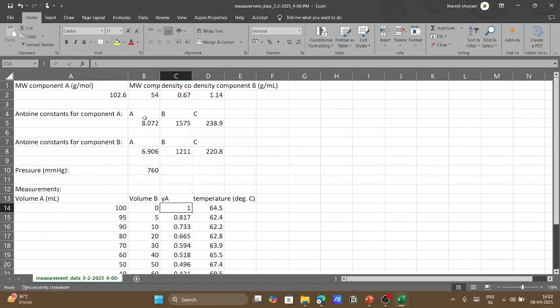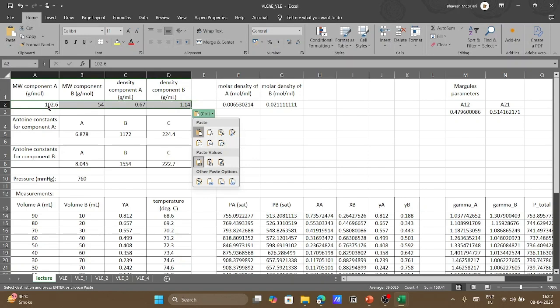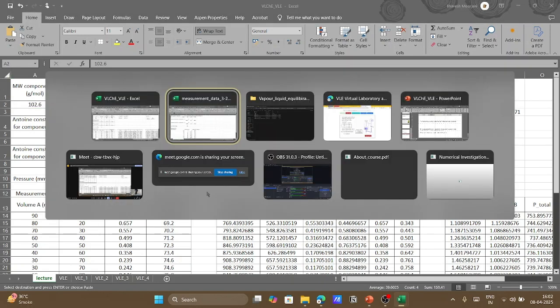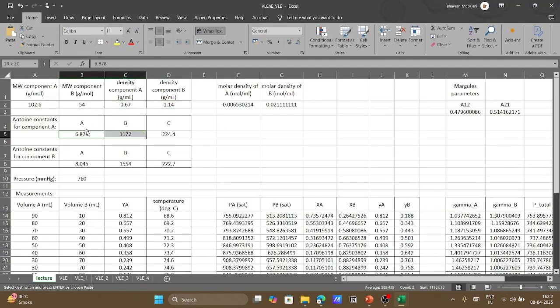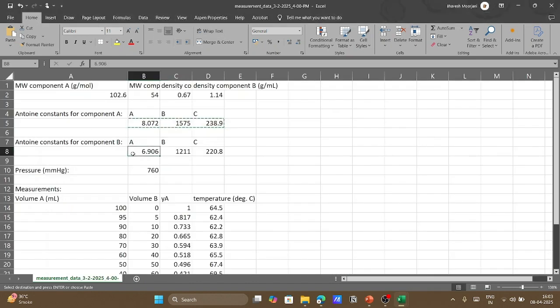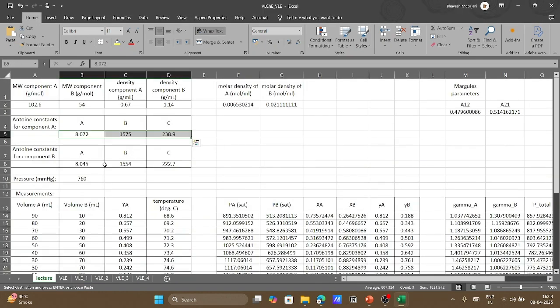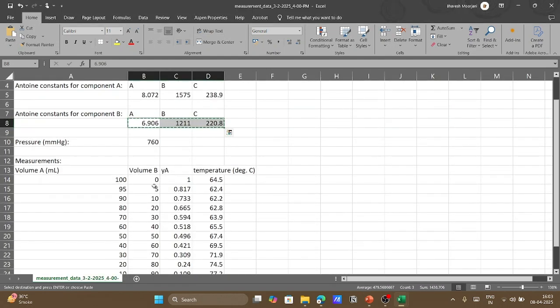So this is our data. First, note down the molecular weight of component A, component B, and their densities. Then the Antoine parameters for component A and B. Pressure value is known.